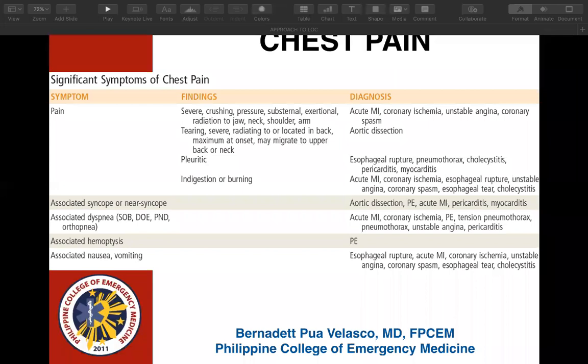If chest pain is associated with syncope or a near-syncopal attack, you can think of pulmonary embolism, acute MI, pericarditis, or myocarditis. If chest pain is associated with hemoptysis, you can again think of pulmonary embolism. If it's associated with nausea and vomiting, you can think of esophageal rupture, esophageal tear, or even cholecystitis.